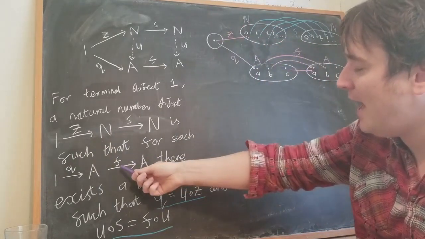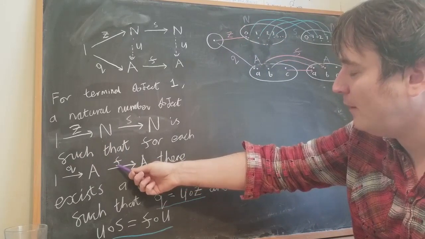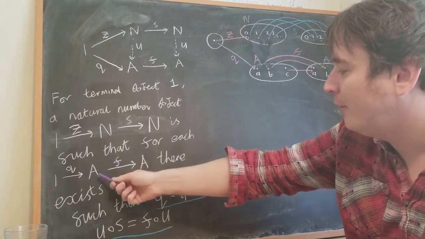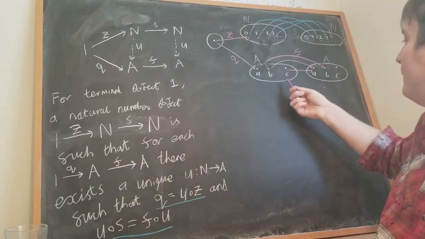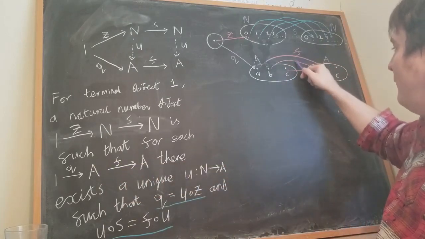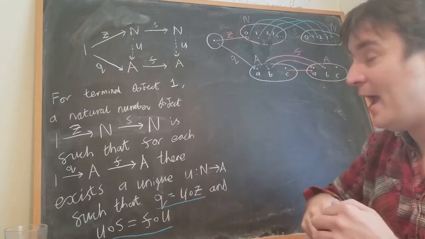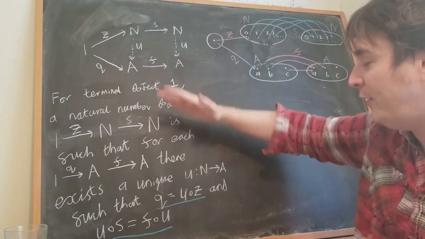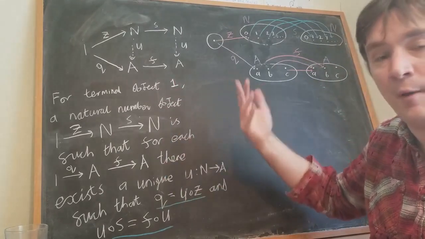And if we have a function f from this set to itself, like this one here, then there exists this unique arrow with certain properties.